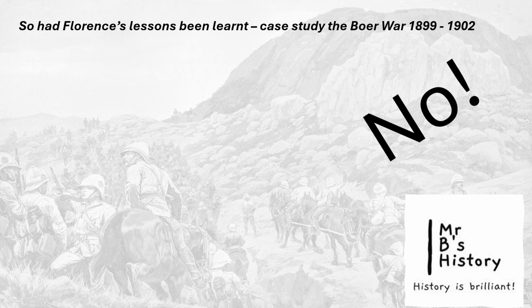So in the Boer War, from 1899 to 1902, the background picture to this is actually a picture before the battle of a place called Spion Kop in South Africa. So all of you who are football fans wondered where those unusual names came from. Well, it came from this war. But did they learn the lessons? No. Am I being clear enough?